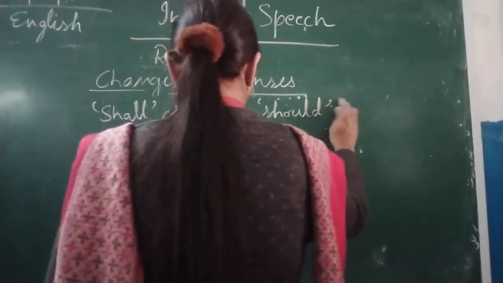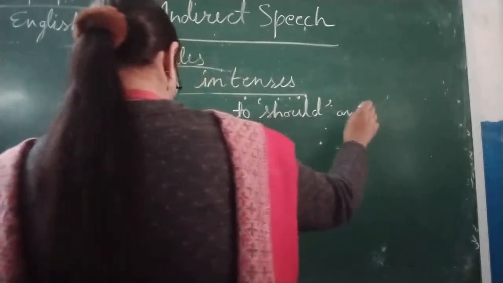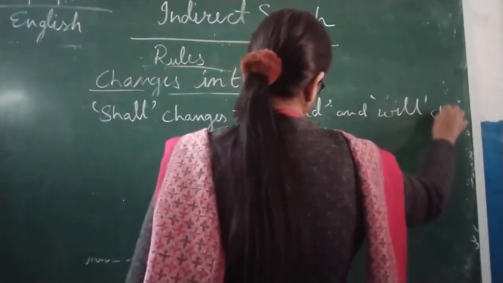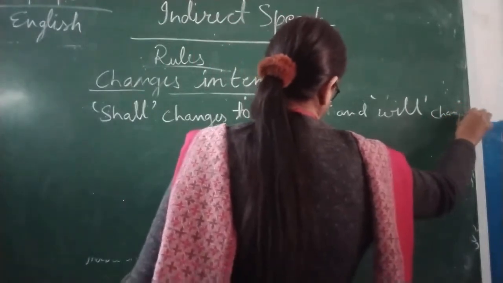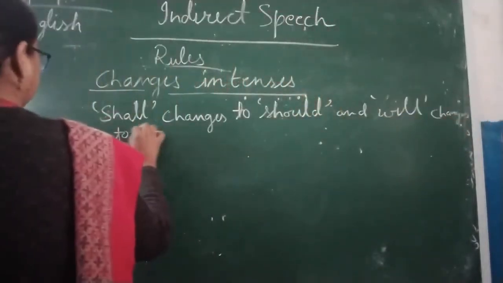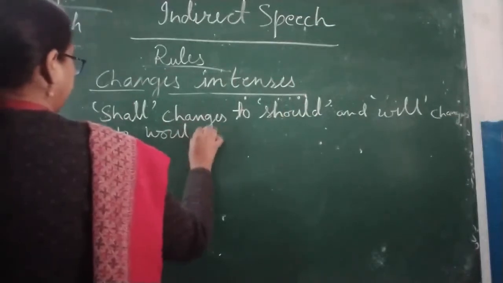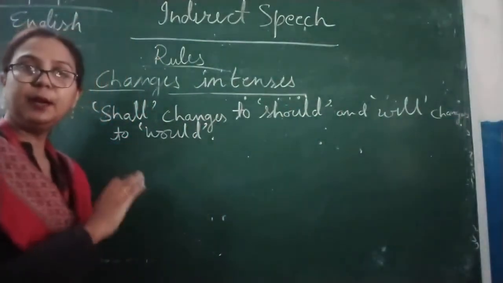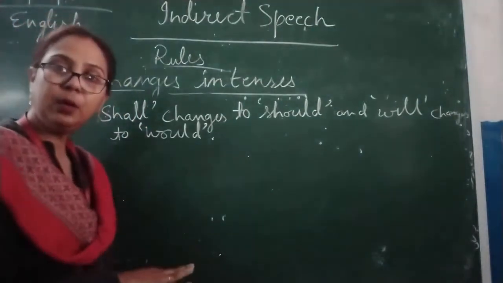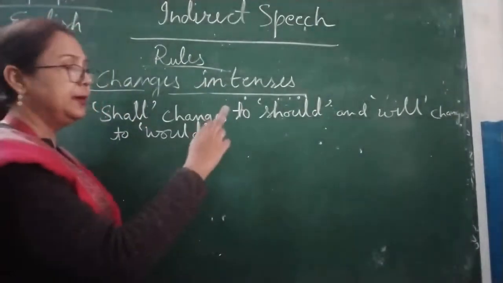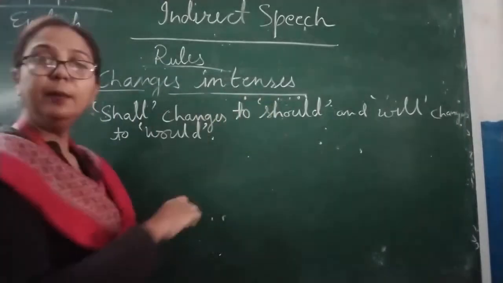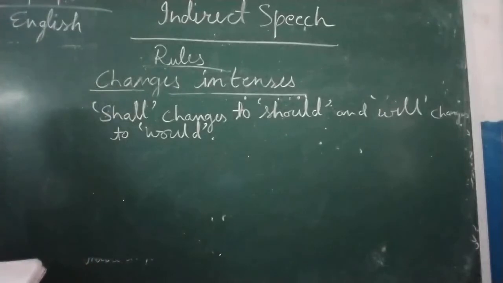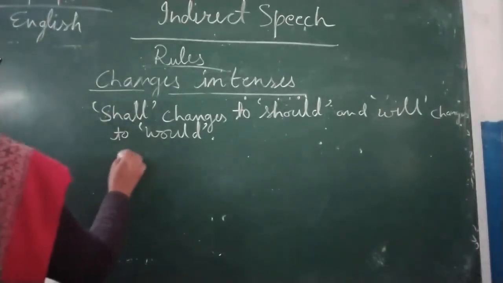And will changes to would. Simple thing. No complication is there. May becomes might, can becomes could. Now here shall becomes should and will becomes would. Okay. Now children, here I will give you a few examples.